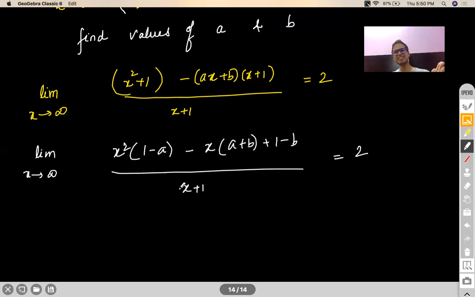If numerator is of a degree more than the denominator, that means n is greater than m, your answer can either be infinity or minus infinity. But actually that is not the case here. The answer is 2. What does it indicate? It indicates that the numerator was actually not a quadratic. It has to be of a degree lesser than quadratic.